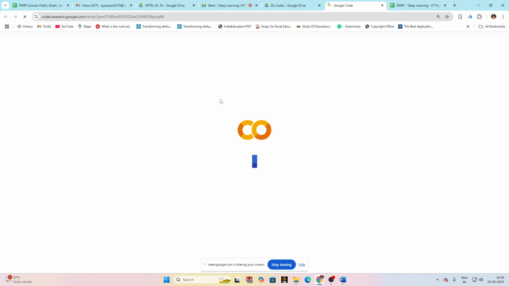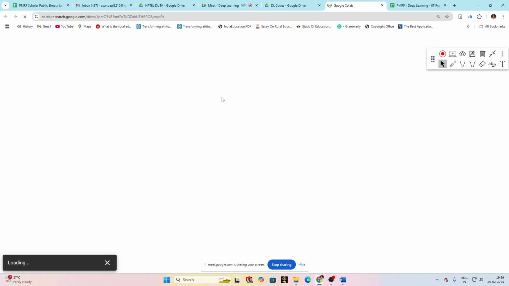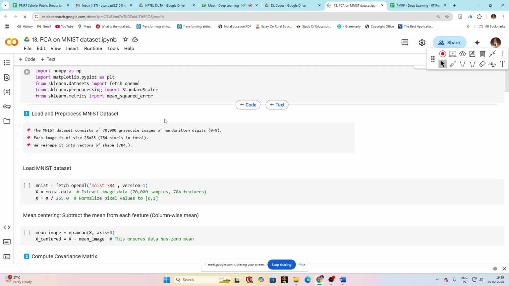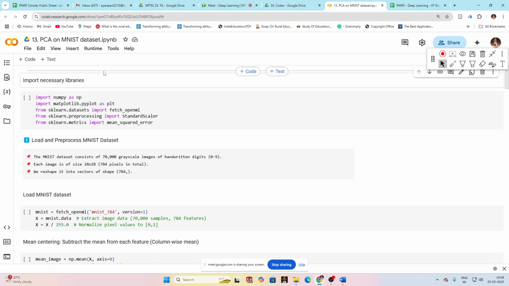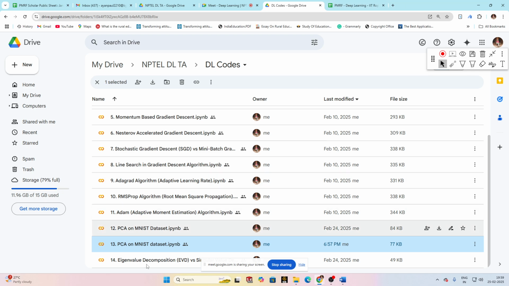This is the code related to PCA that we have just discussed. As I am running it on my drive, there is no option to copy to my drive, but whenever you open the code, there will be an option to copy to drive. Copy it to your drive and then you can run it. Also I have given you a code for the difference between eigenvalue decomposition and singular value decomposition.